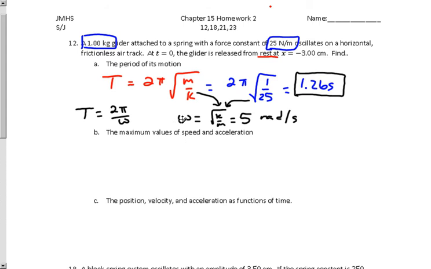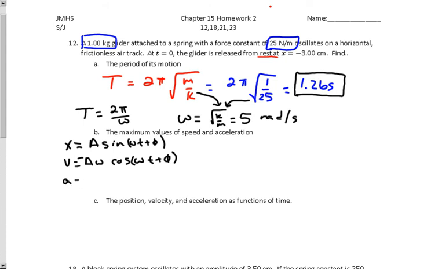We're looking also next for the maximum values of speed and acceleration. Remember, in our general solutions, that x is equal to A times the sine of omega t plus phi, and then v is equal to A times omega times the cosine of omega t plus phi.